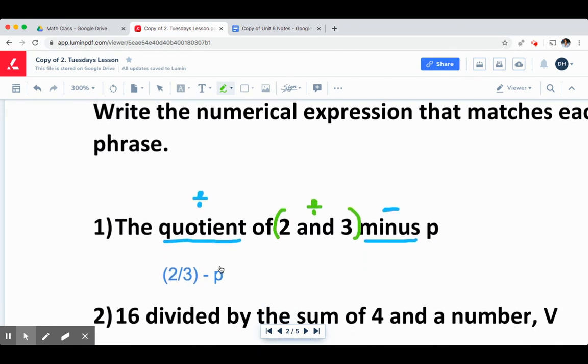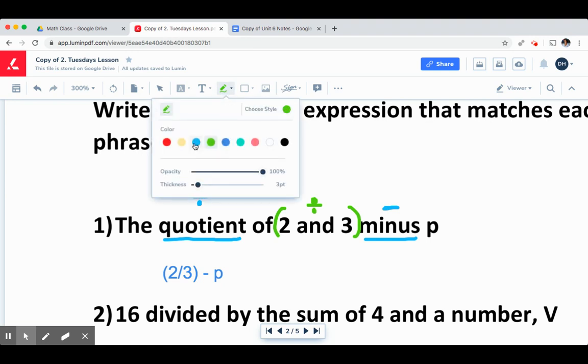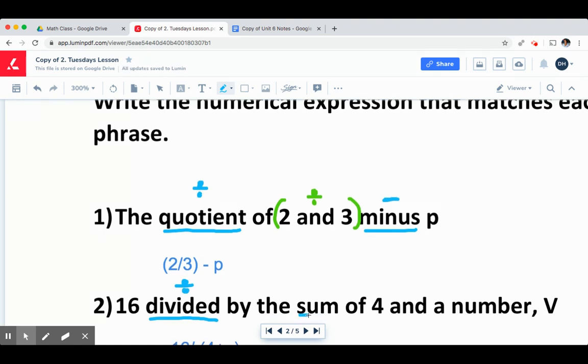Number 2 says 16 divided by the sum of 4 and a number v. What are the keywords that tell you the operation? The word divided tells us, of course, that we're going to be doing division. Nice job. And the word sum tells us that we're going to be doing addition.